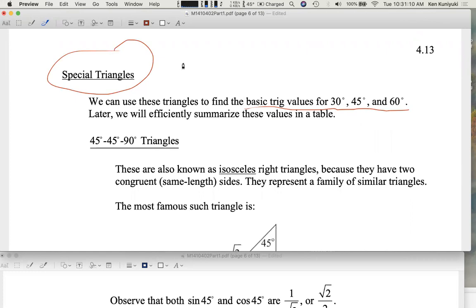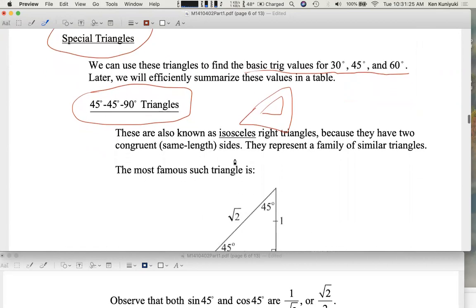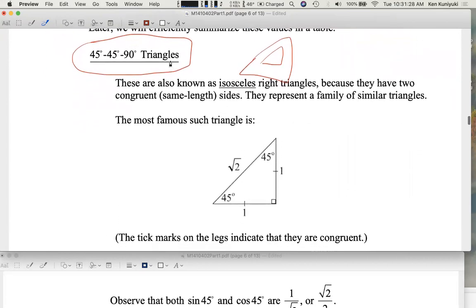These are special triangles. One family is the 45, 45, 90-degree family of similar triangles. Again, similar triangles have the same shape, but maybe different sizes. Now these 45, 45, 90-degree triangles are sometimes known as isosceles right triangles. Take a look here.